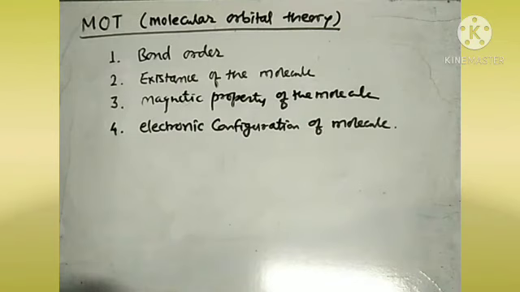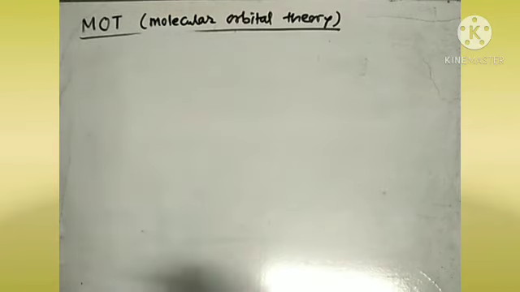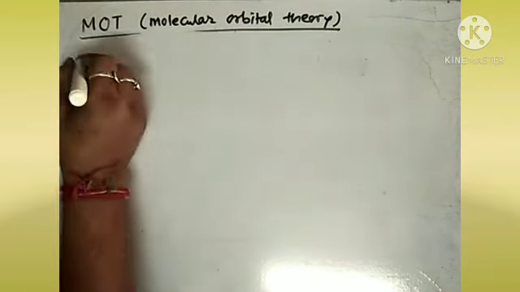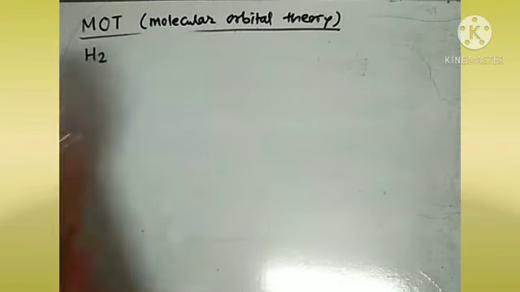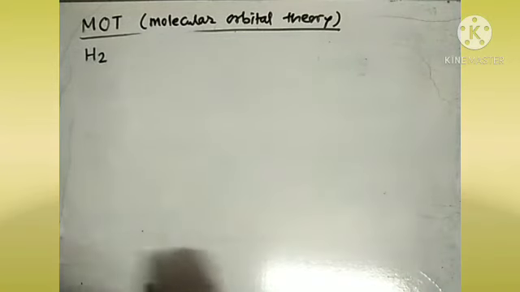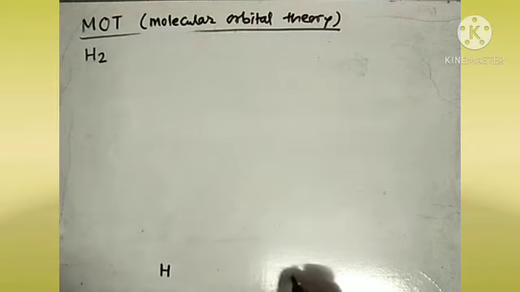Well, let's see how the MOT diagram will form when we consider hydrogen. In case of hydrogen, you have to introduce one hydrogen at the left hand side and one hydrogen at the right hand side.